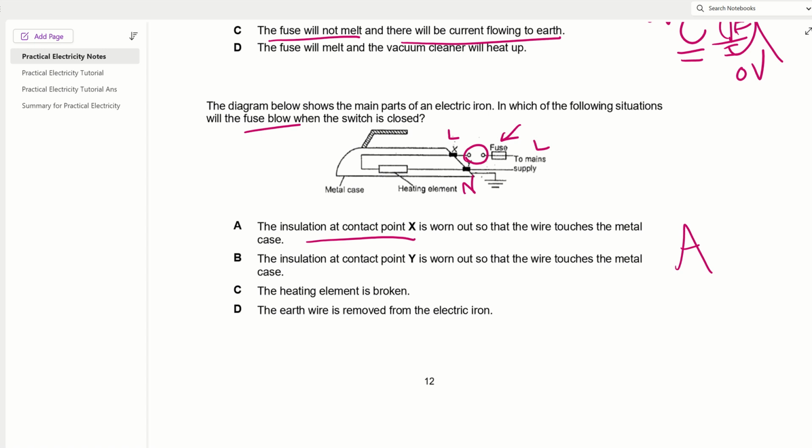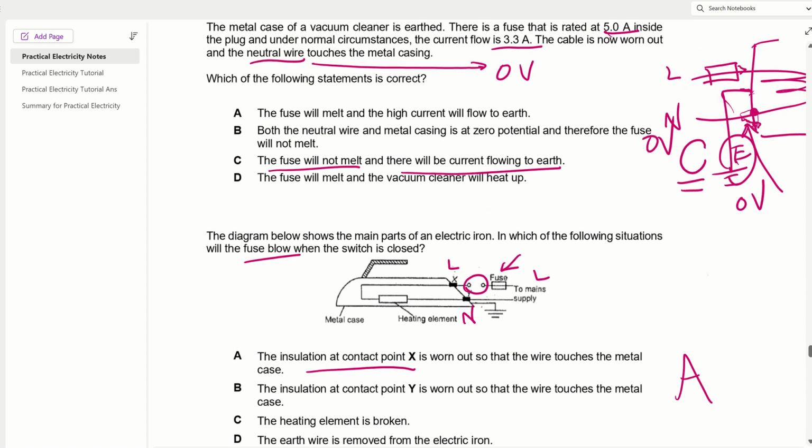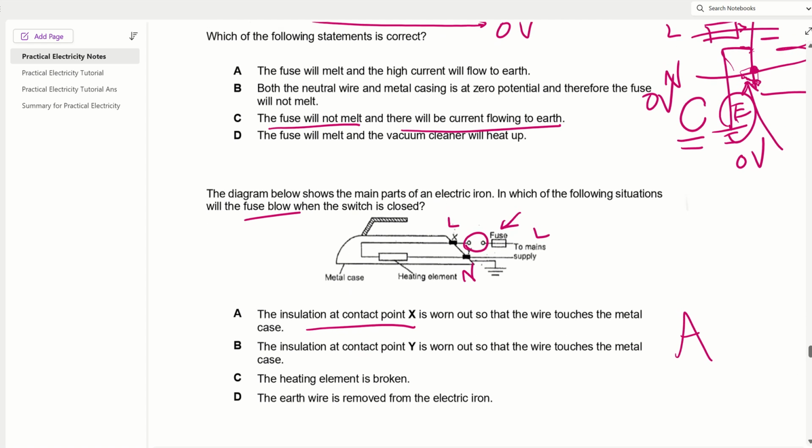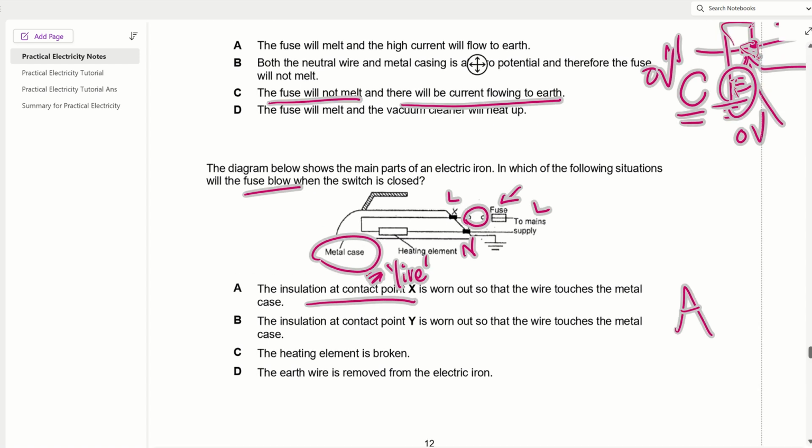The insulation at contact point X is worn out. This is different from the previous question. This is where the live wire touches the metal case, so the metal case becomes live. This will cause current to flow into the metal case and into the earth wire.